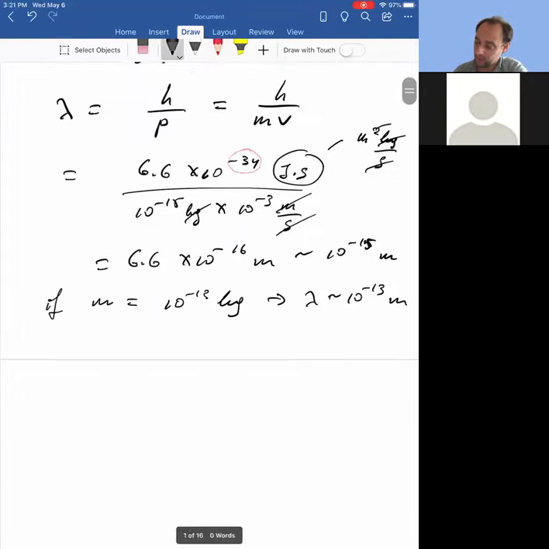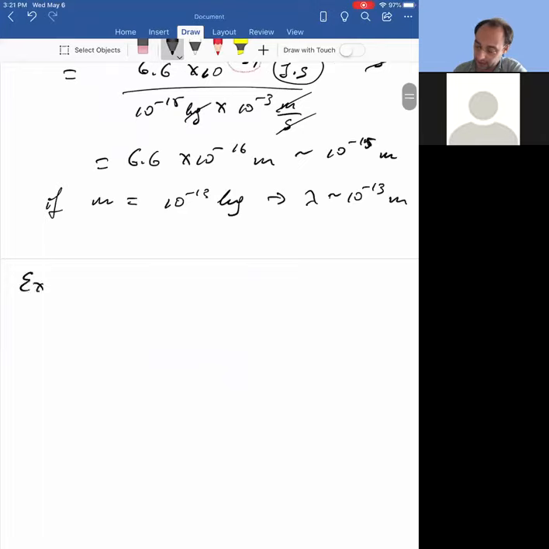Okay, so example two. What else? How about an electron accelerated across a potential difference, right? You put an electron in a parallel plate capacitor, you crank up the voltage, the electron comes flying. That's how old-fashioned TVs used to work, right? It's nothing super duper.